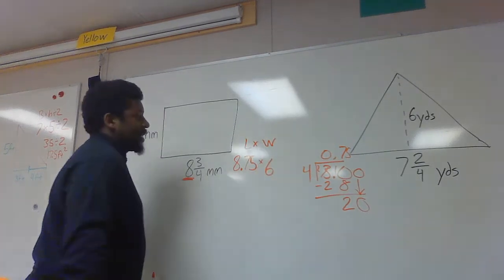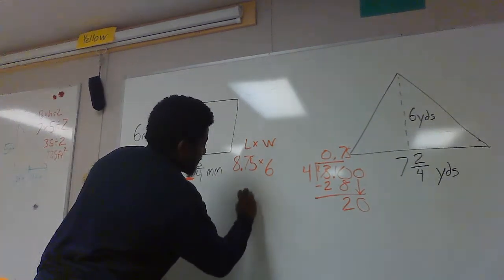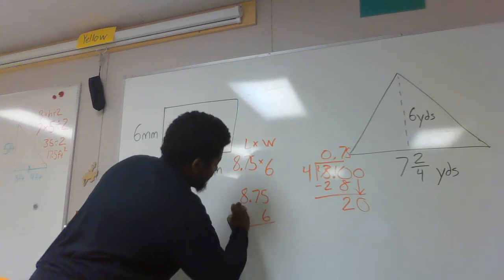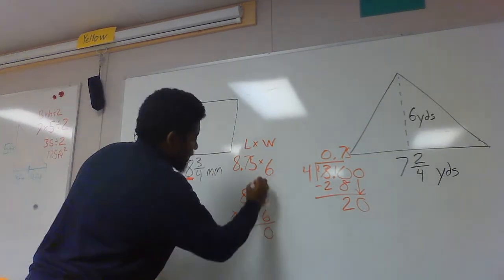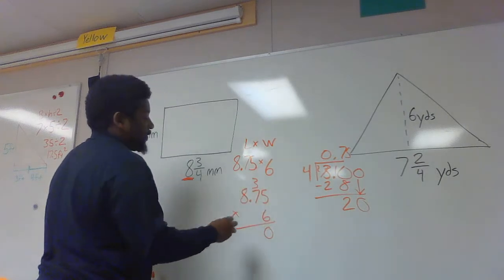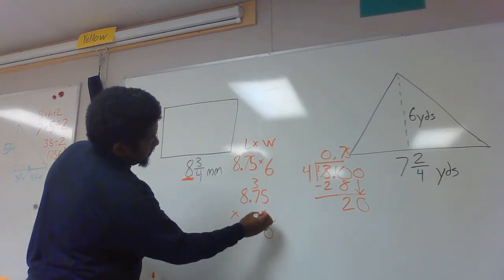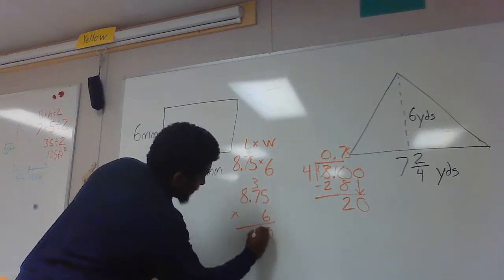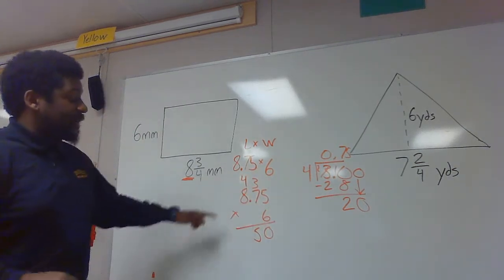8.75 times 6. I will show you the math for that just in case you want to see it. 8.75 times 6 should be lined up like this. You don't have to line up your decimal points when you're multiplying. 6 times 5 is 30. 6 times 7 is 42 plus 3, it's 45. 6 times 8 is 48.